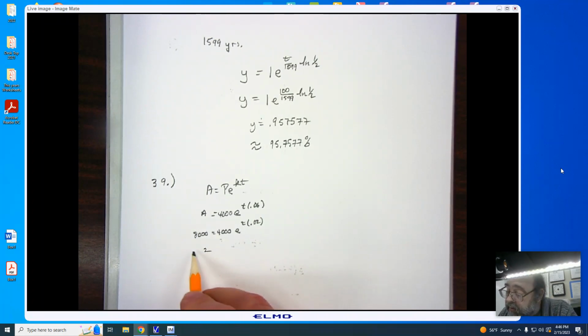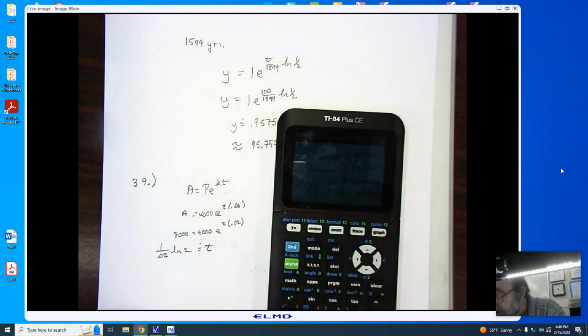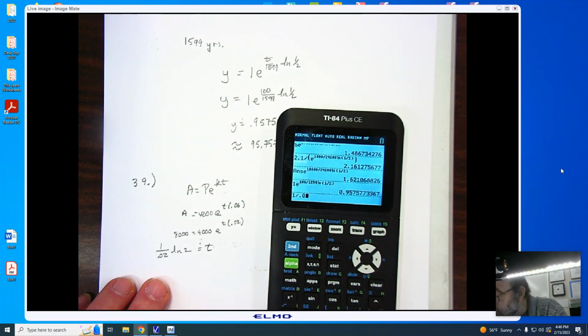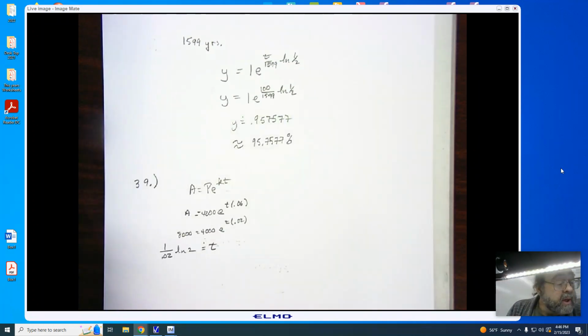This is giving me 2 natural log, and I have 1 over 0.02 equaling our t. Alrighty, so what do we have? 1 divided by 0.02, natural log of 2, and I should get approximately 34?